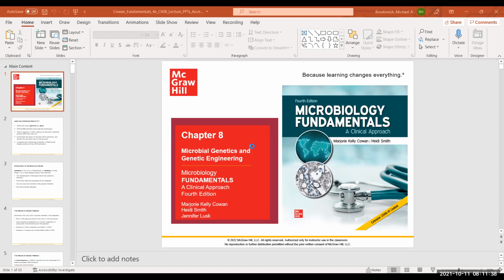So DNA is a polynucleotide, meaning it's a polymer of nucleotides. Nucleotides have three parts. They have a phosphate, a sugar, and a nitrogenous base.